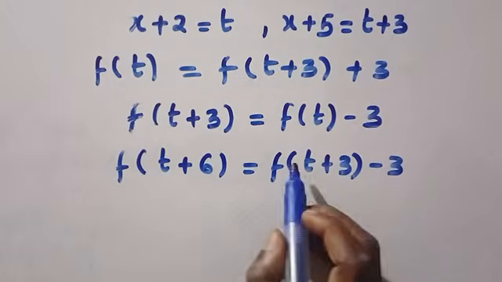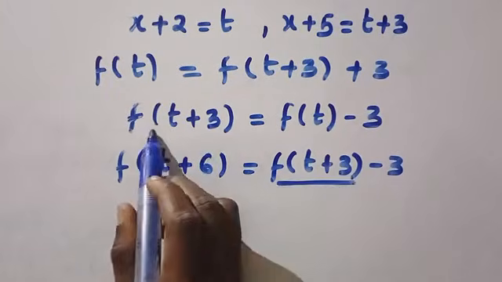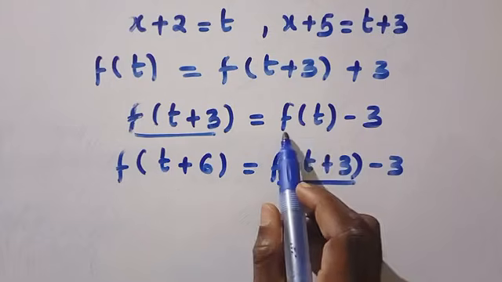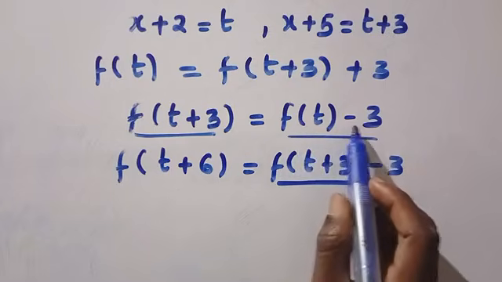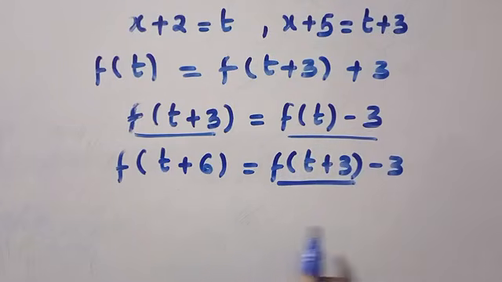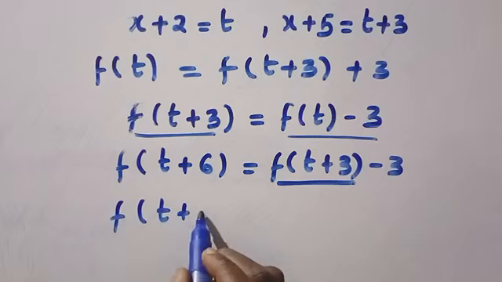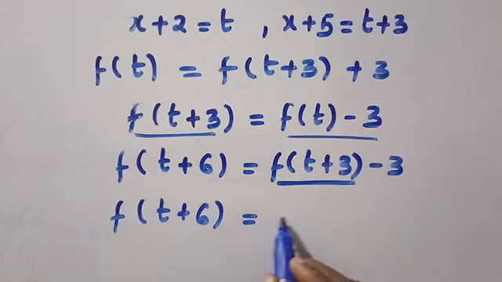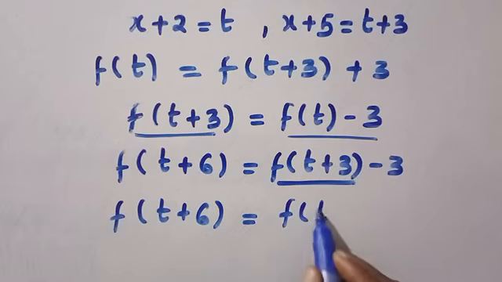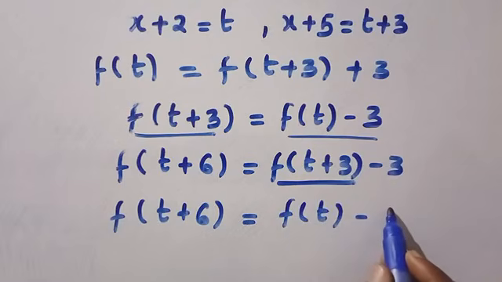And with this, f of t plus 3, which is this, is given as f of t minus 3. So by replacing it, we have f of t plus 6 equals f of t minus 6.